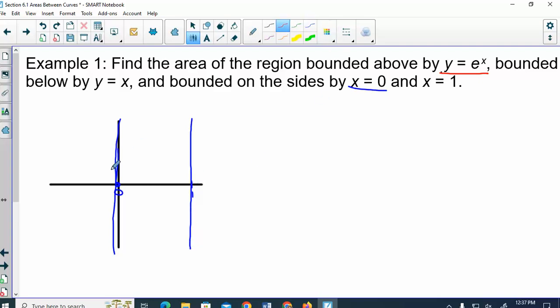Y equals e to the x. What's e to the 0 power? 1. And if I put in a 1, e to the first, that's like a 2.7. So this is curved kind of like that.